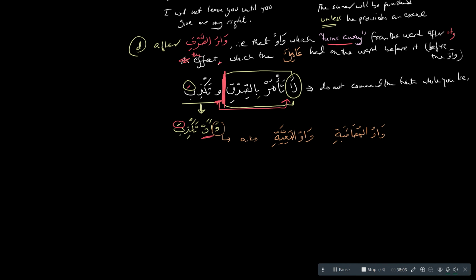So this waw is also known as waw al-ma'iyya, which we have seen before. The waw of "with," remember? Ja'a Zaydun wal kitaba. That's this waw. So we got this very interesting example. We have more to go, so we keep going here.